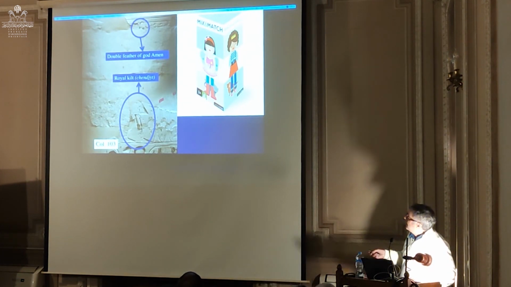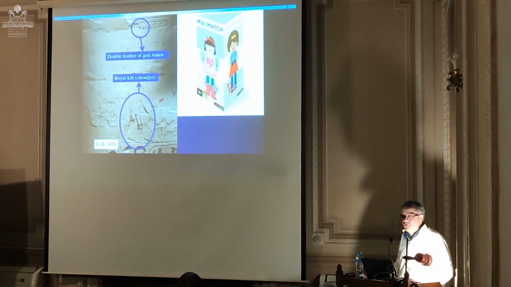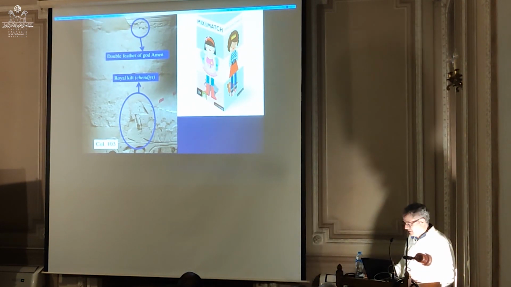Here on a column, we noticed that the lower section of a scene comprised the royal kilt of the king, but in fact what you had on top were the 2 feathers of the god Amun, so it was a kind of mix and match that you could see sometimes.